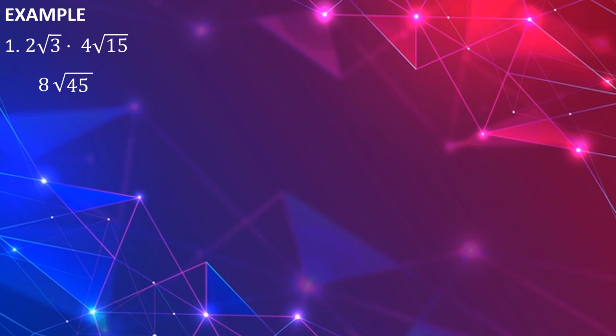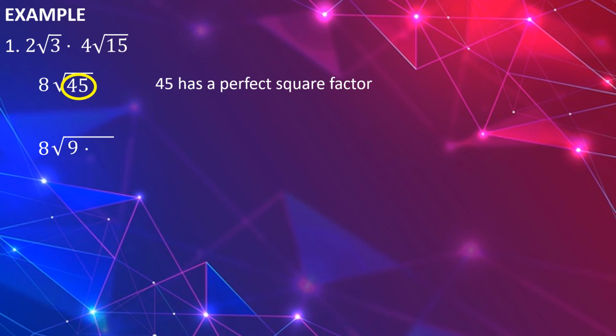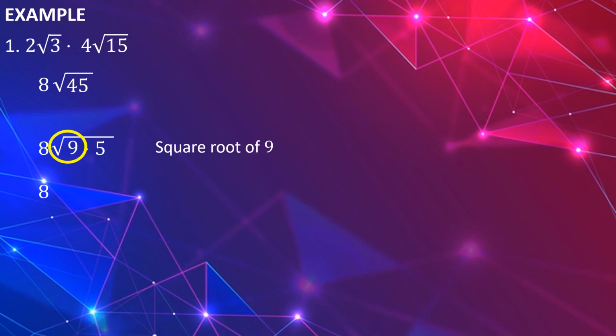We now simplify 8 square root of 45. So we copy 8 square root of, then 45 has a perfect square factor, which is 9, to be multiplied by 5. We copy 8, get the square root of 9, that is equal to 3.